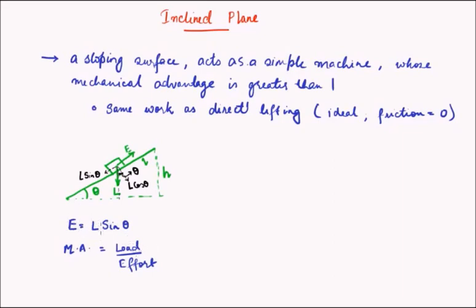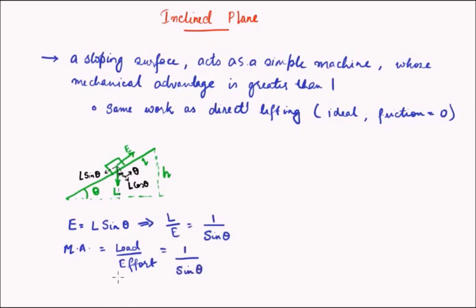So load upon effort, from here we can say that load upon effort is 1 upon sine of theta. So the mechanical advantage turns out to be 1 upon sine of theta.